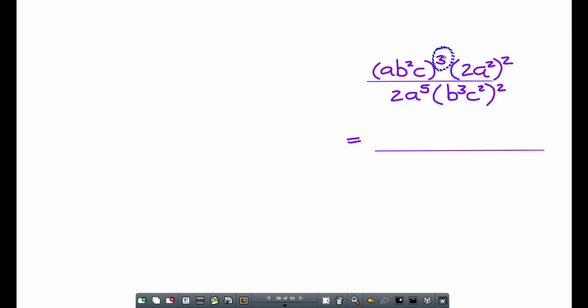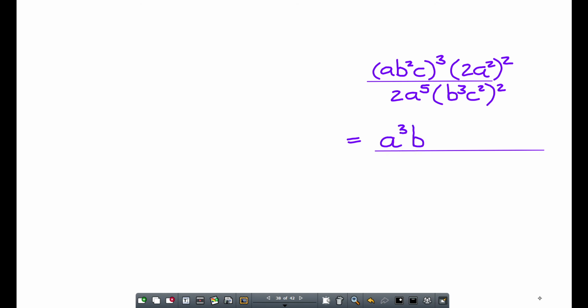So a will now become a to the power of 3 because it's 1 times 3. It's a power to the power. So that's a to the power of 1, and 1 times 3 gives me 3. So a to the power of 3.